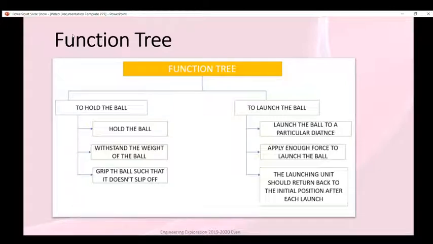Mainly, the machine will hold the ball, it will withstand the weight of the ball, and it will also grip the ball in such a manner that it doesn't slip off. Under the function to launch the ball, it will launch the ball to a particular distance, it will apply enough force to launch the ball, and it makes sure that the launching unit returns back to its initial position after each launch.